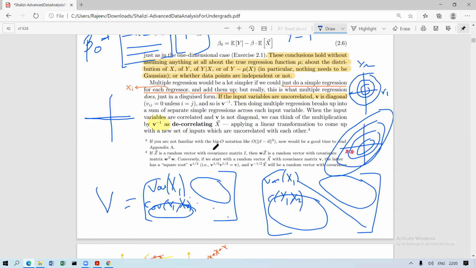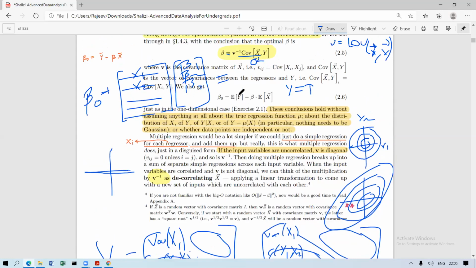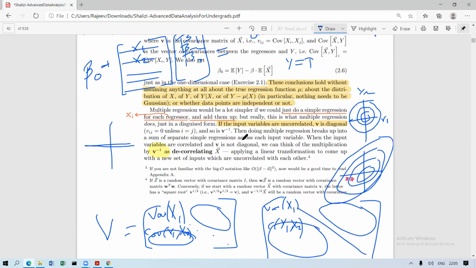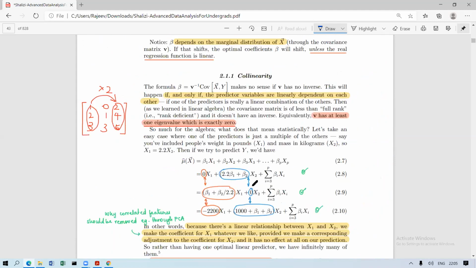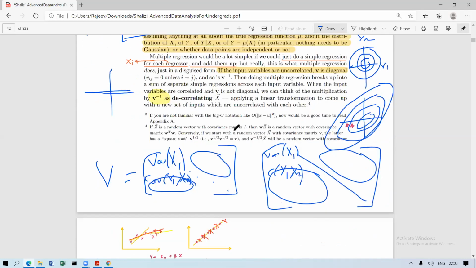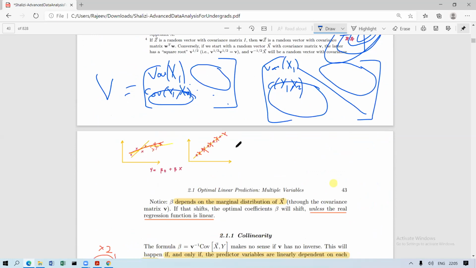And what V inverse is actually doing is decorrelating all the dimensions, and how it does that you can read in the bottom line and the fourth point. But even if you don't understand, it's fine, I guess.